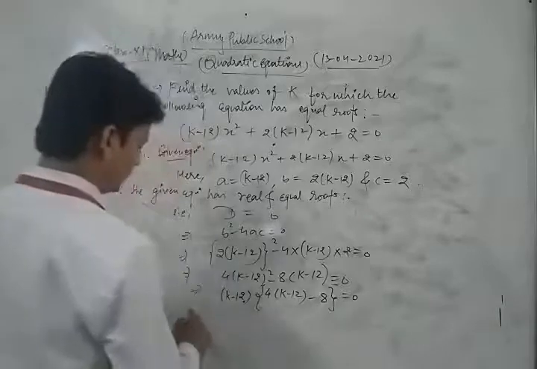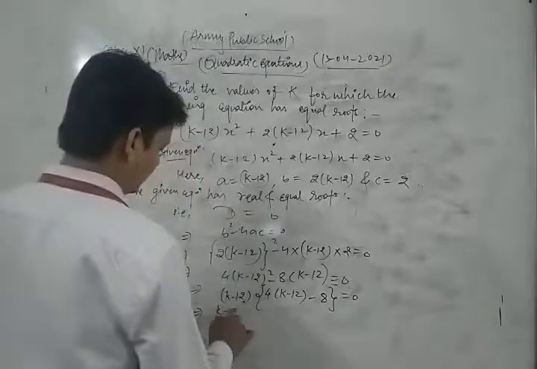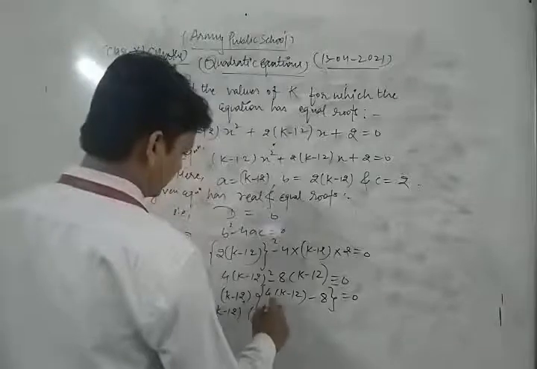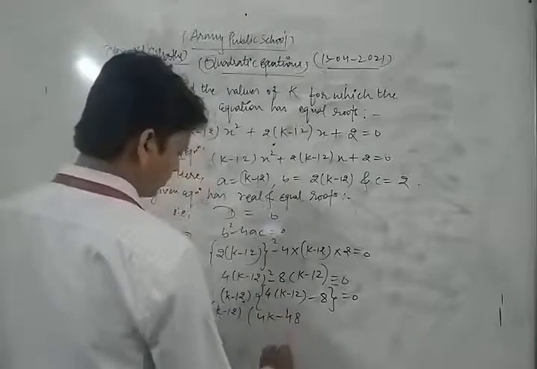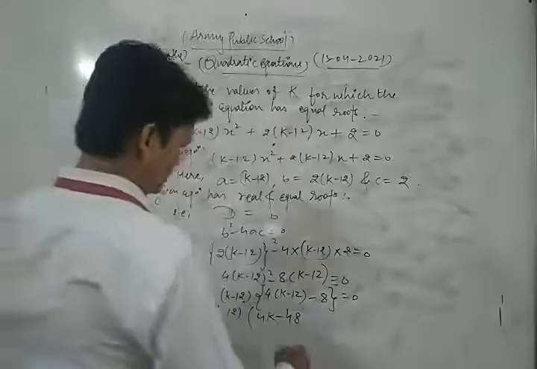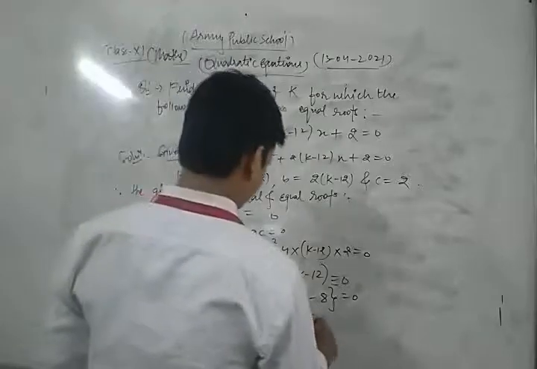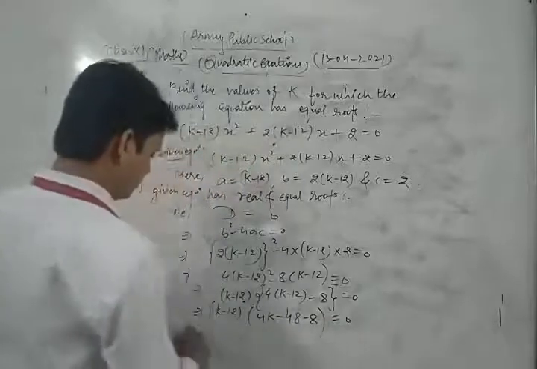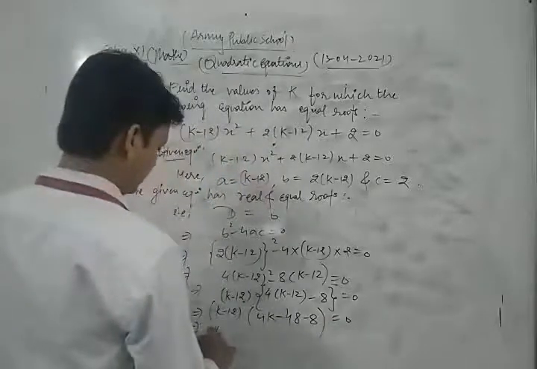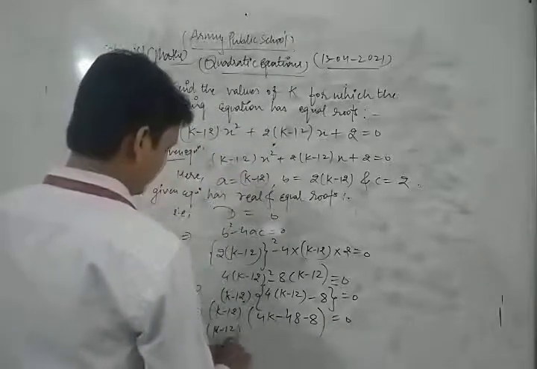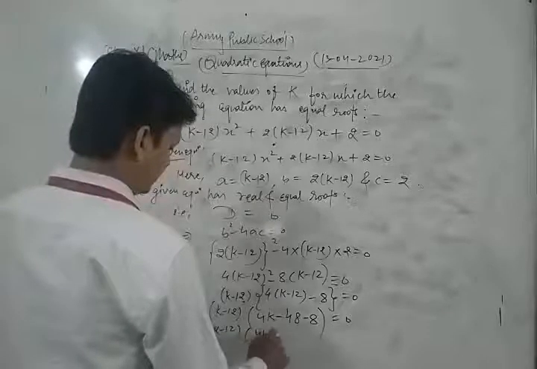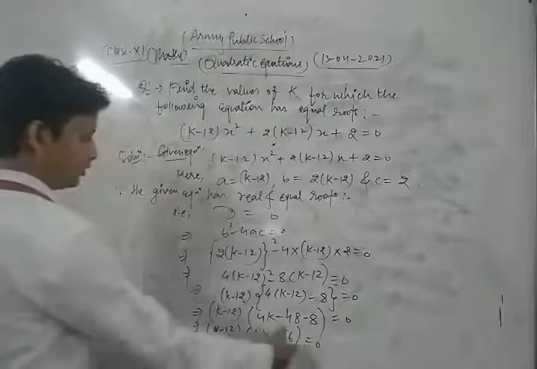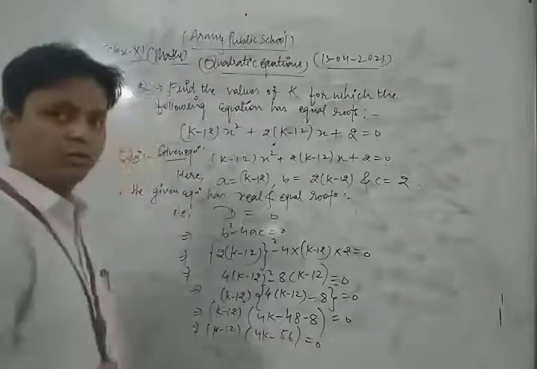Now we simplify them. So (k minus 12) in one bracket, and in another bracket 4k minus 48 minus 8 is equal to 0. Thus we get (k minus 12) into (4k minus 56) is equal to 0.